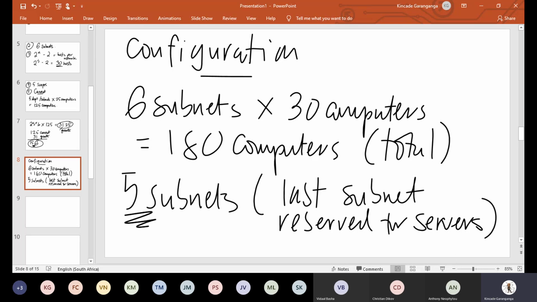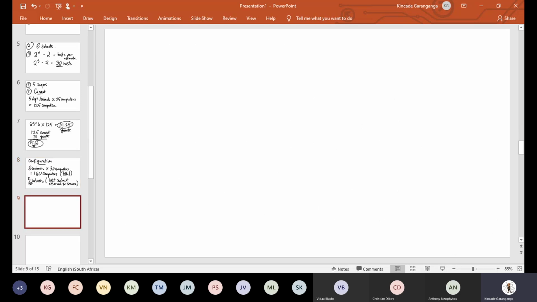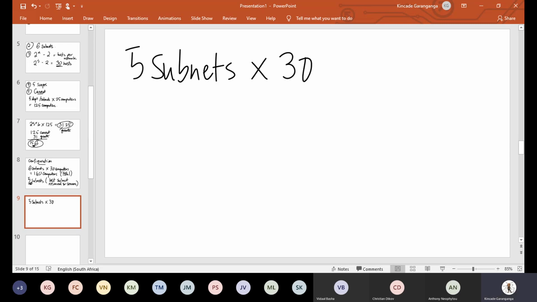So ultimately, if you come back here, we've got our 5 subnets multiplied by the 30 machines, or 30 computers, and obviously that gives you 150.